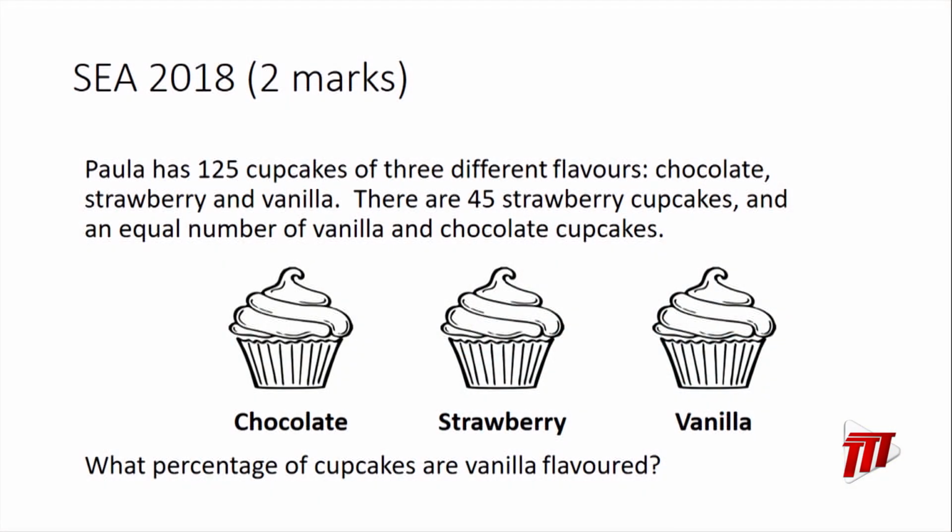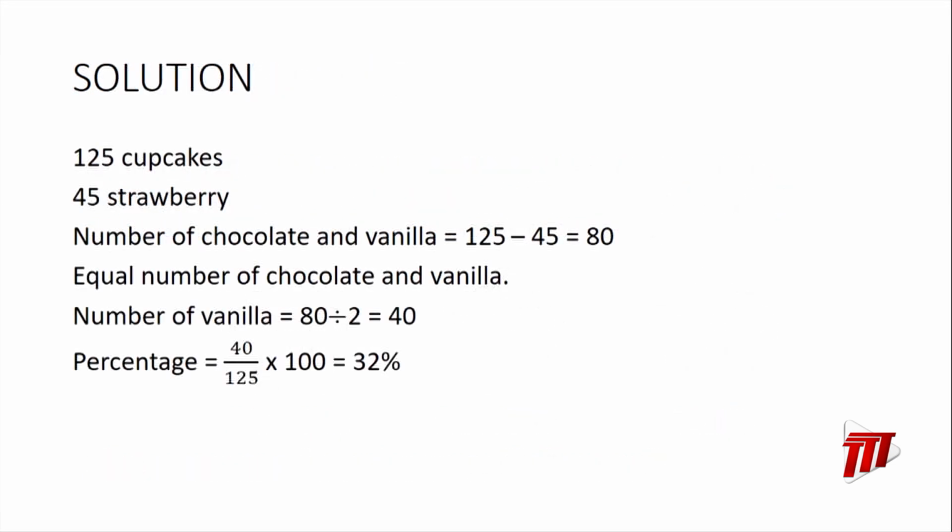You remember how to convert a percentage. All right, so we will get to that in a little bit. So first of all, we're trying to find the number of vanilla cupcakes. We started off with 125 cupcakes. 45 of them were strawberry. So if I take the 45 strawberry cupcakes away, the remainder would be vanilla and chocolate.